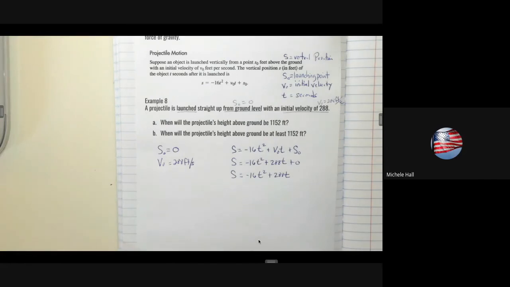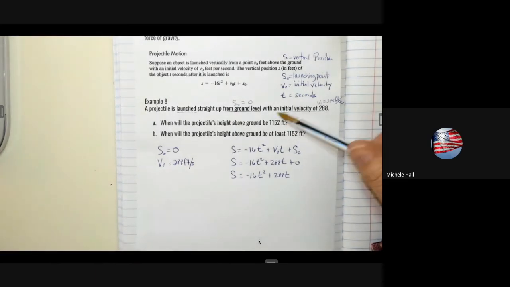When will the projectile's height above the ground be 1,152 feet? The vertical position. When will the vertical position be 1152?